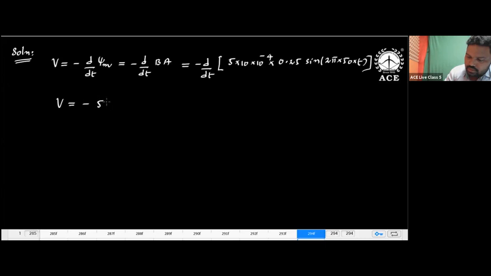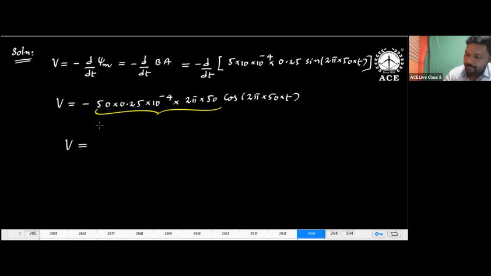Here it is minus 50 into 0.25 into 10 to the power of minus 4 into 2 pi into 50 into cos of 2 pi into 50 into t. So how much is this entire value, beta? Please help me. How much is that entire value?